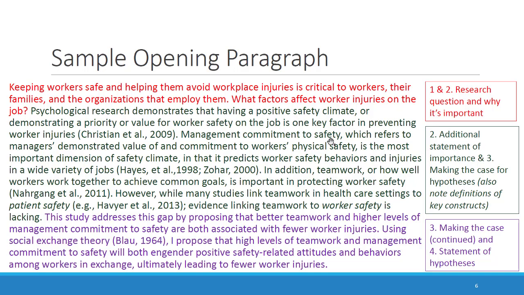Management commitment to safety, which refers to managers' demonstrated value of and commitment to workers' physical safety. So note here that I'm defining one of my study constructs, which is management commitment to safety, is the most important dimension of safety climate in that it predicts worker safety behaviors and injuries in a wide variety of jobs.